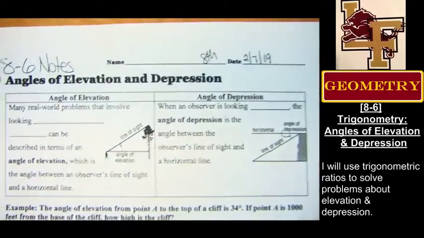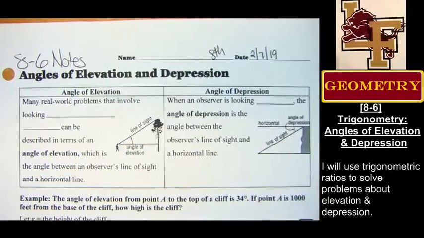All right, so we're using trigonometry again, but this time we're going to name the angles. Because we can use trig in real world situations. This is literally how people do some of the things that they do in real life.